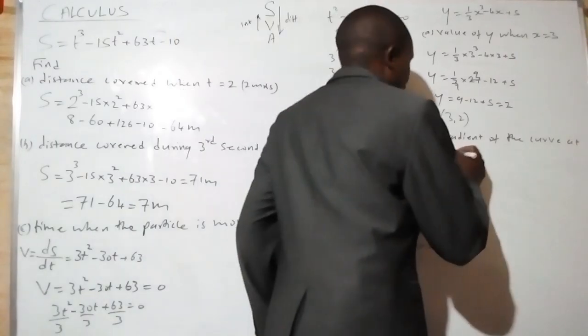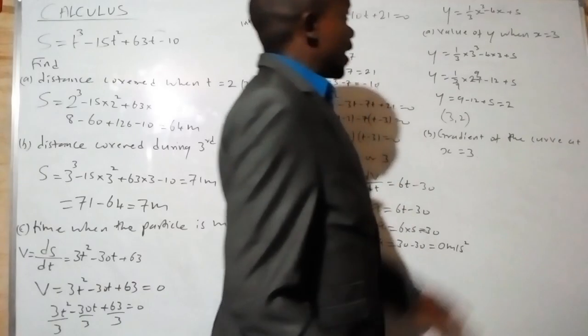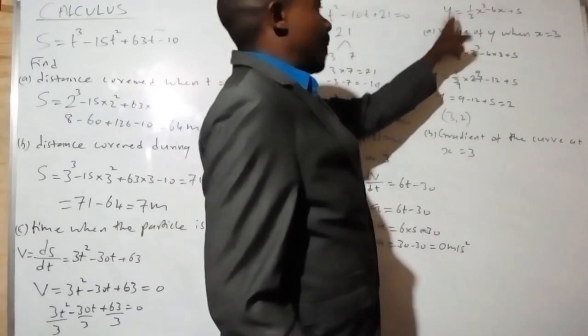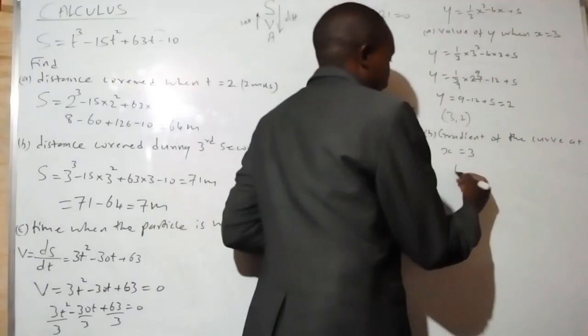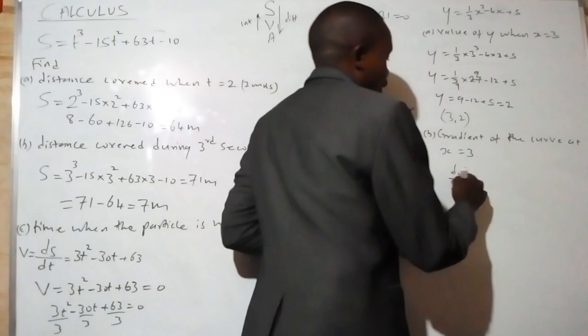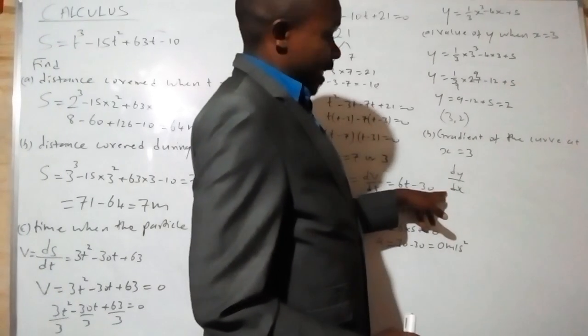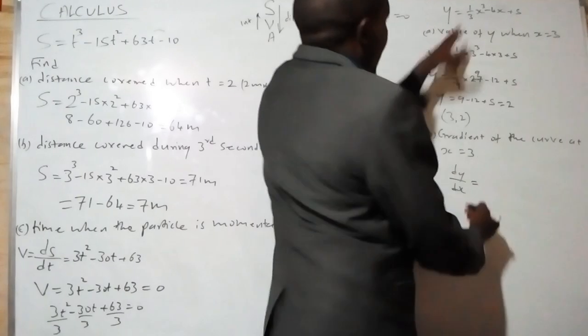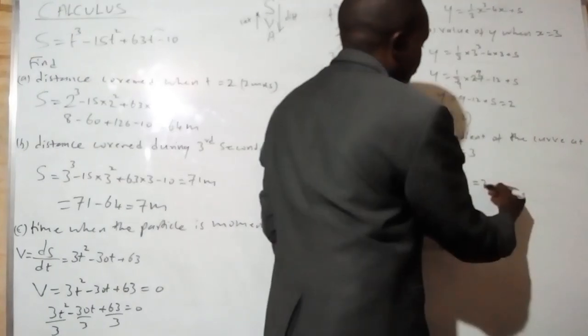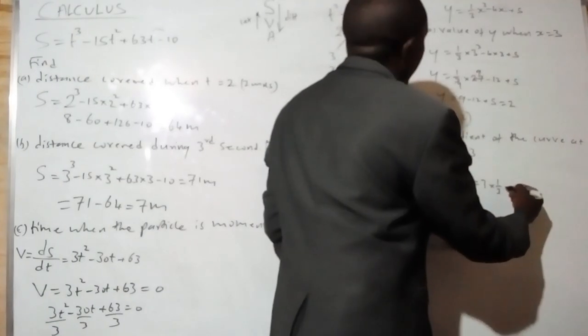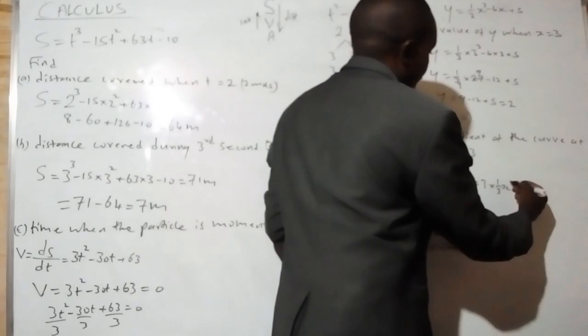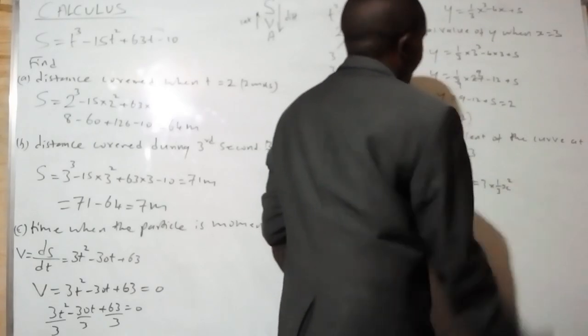To get the gradient, you have to differentiate this equation, so dy over dx, changing y over changing x, means gradient is equal to 3 times a third, x squared, minus 4.